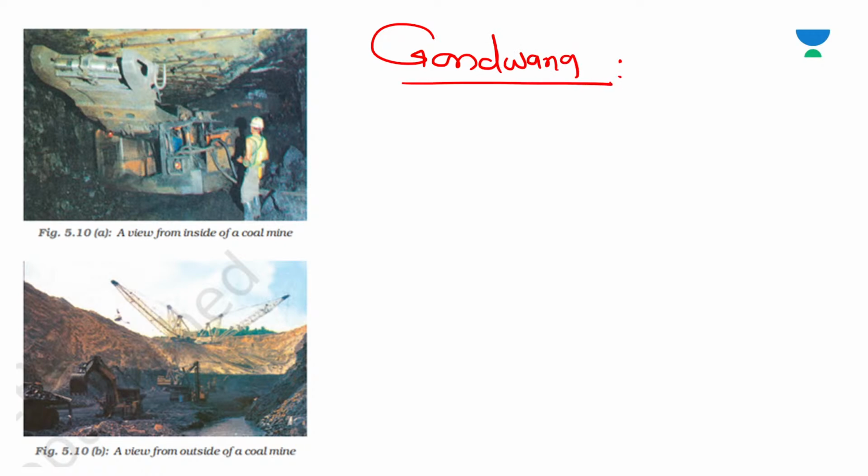So in India, coal occurs in rock series of two main geological ages, namely Gondwana, which is over 200 million years old, and the major resources of Gondwana coal, which are metallurgical coal, are located in Damodar Valley in West Bengal, Jharkhand.